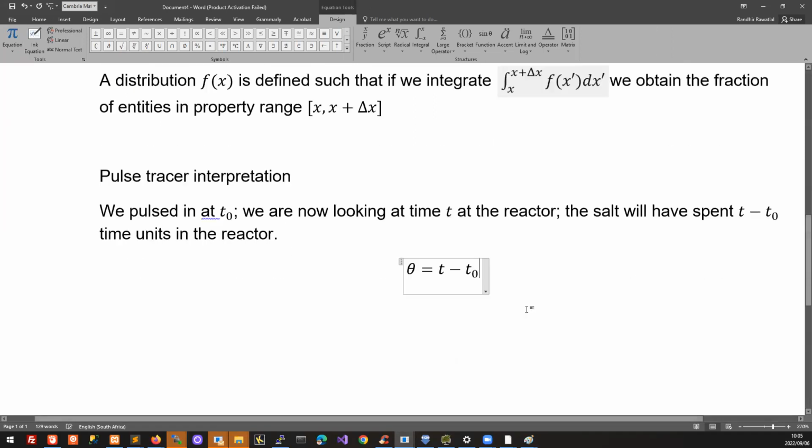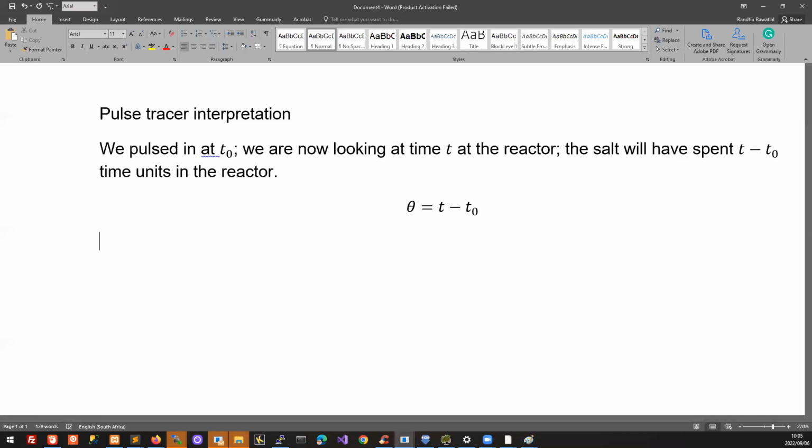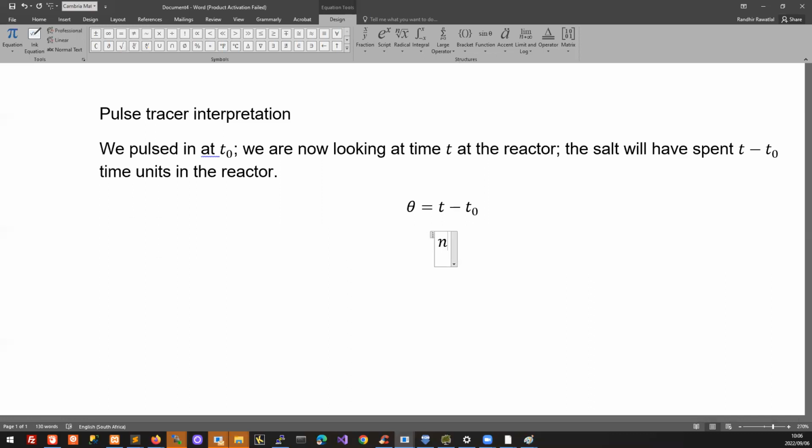That's fine. But what we really want to do now is estimate how much of that salt. So we can say the moles of salt of age beta, and here we need to specify a range, a range of beta, from beta to beta plus delta beta. There's a certain number of moles of salt that have spent between those ages.